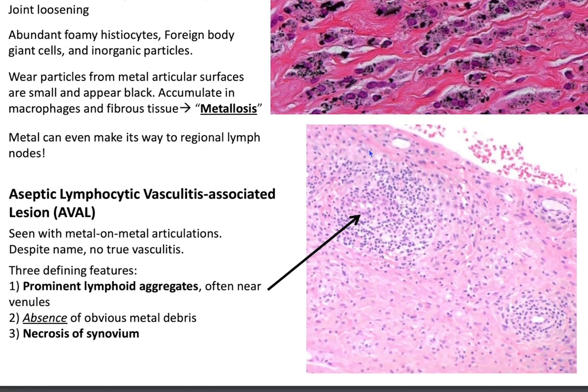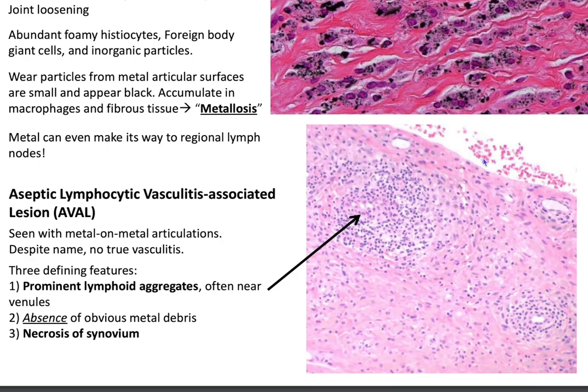All right, AVAL, aseptic lymphocytic vasculitis associated lesion. This is seen with metal-on-metal articulations. And despite the name, like a ganglion cyst without being a true cyst, this also is not a true vasculitis.